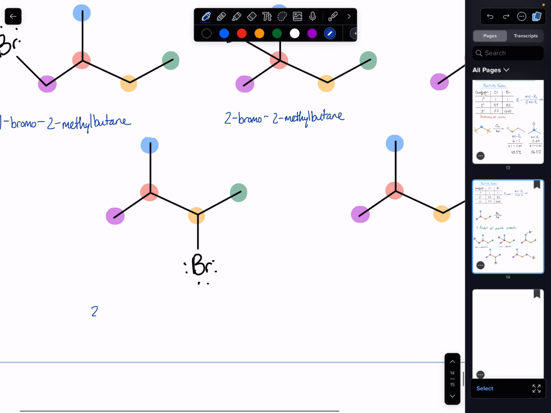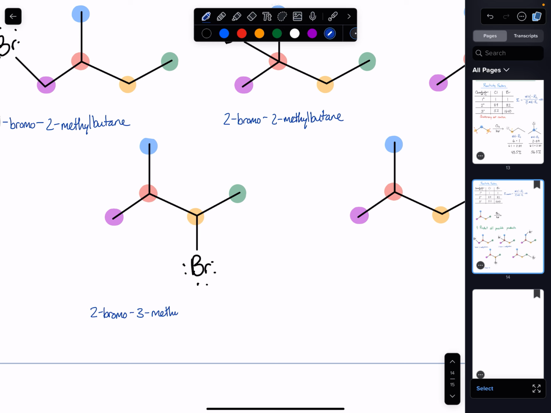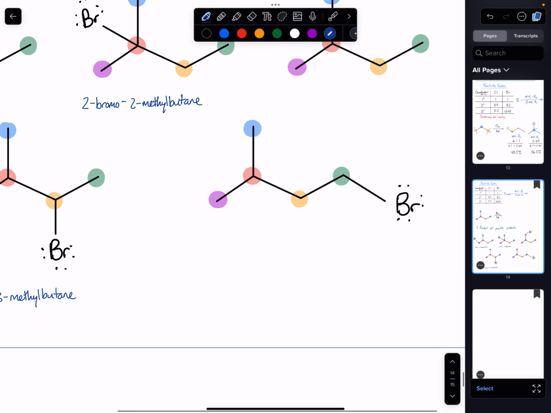And I'm going to do it based on alphabetical order. So this is 2-bromo-3-methylbutane. And then lastly, this one would be 1-bromo-3-methylbutane.